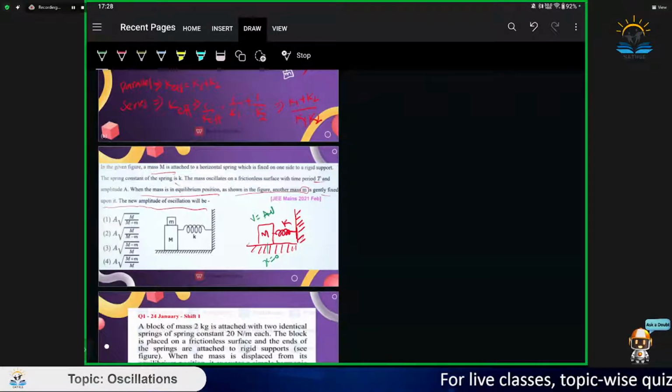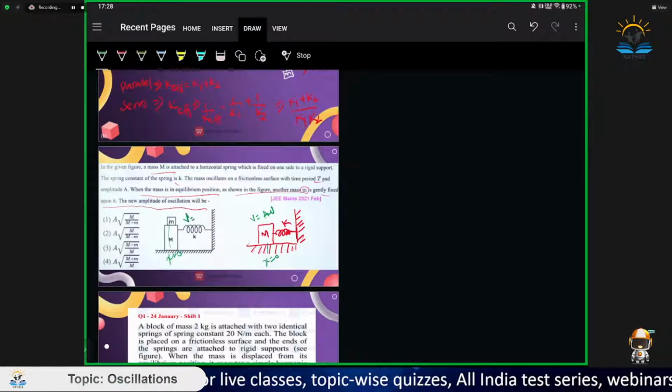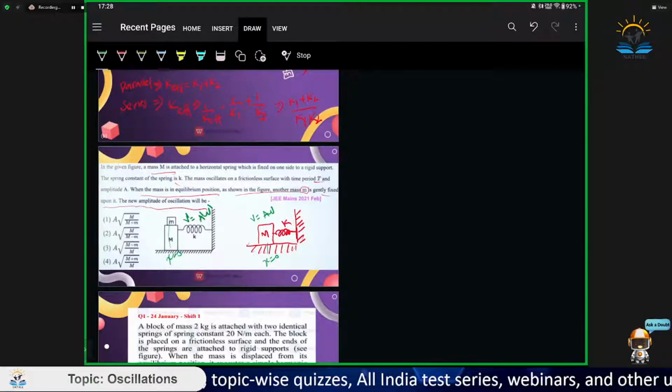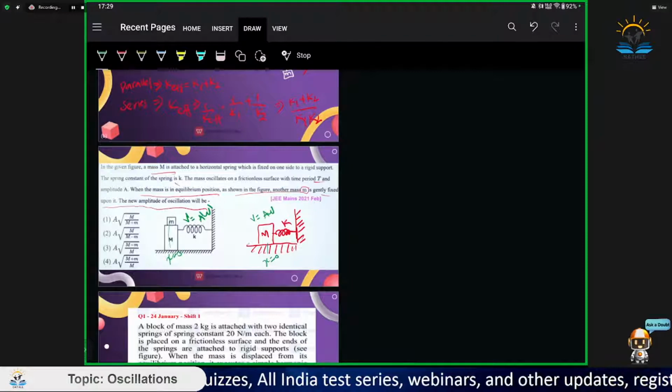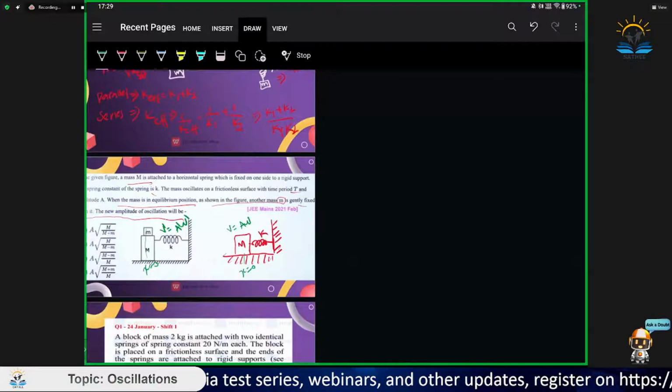Now, when the small m is gently fixed upon it at equilibrium, this system has a velocity, that is v dash equal to A dash omega dash, right? The amplitude changes and the angular frequency also changes. So the velocity changes. But here there is no net external force.